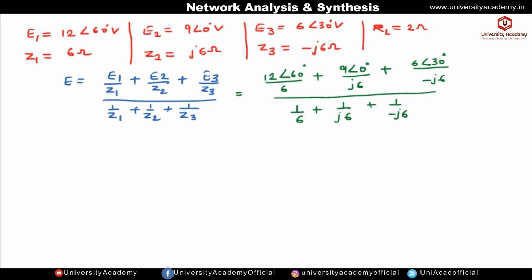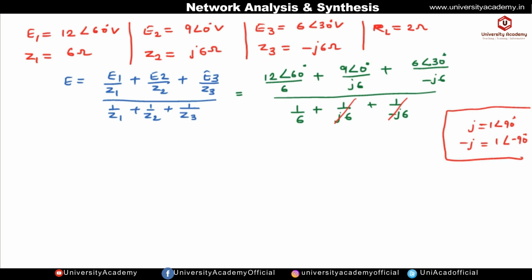So these two terms will get cancelled out. And we know that j is given by 1 angle 90 degree and minus j is given by 1 angle minus 90 degree. Okay, so let us simplify this.